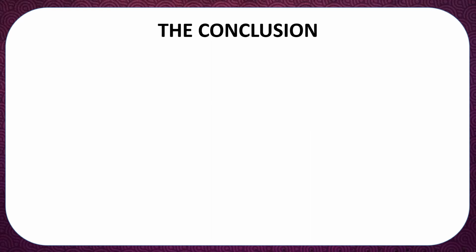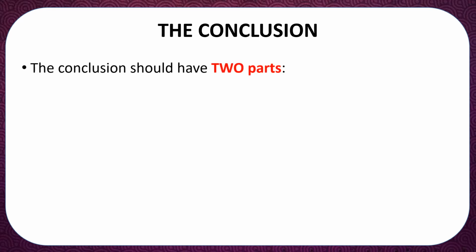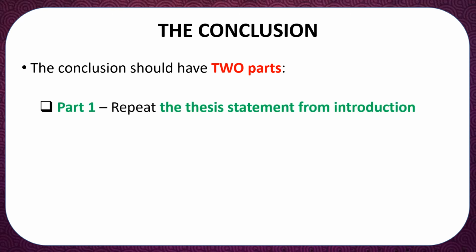Now that we have covered how to write the introduction as well as the body, it is finally time to learn how to write a good conclusion. A good conclusion should have two parts. What are they? The first part is to repeat the thesis statement from the introduction.